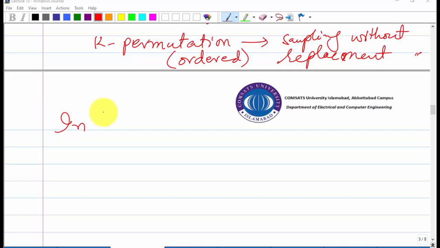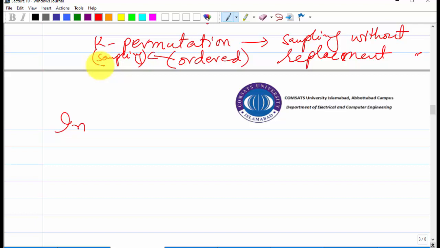So keeping the order means that during the sampling, if we get the first object we put it in the first place, then second place, third place, and so on.